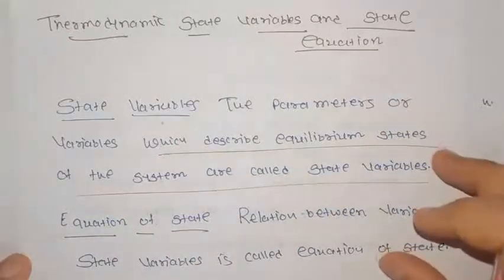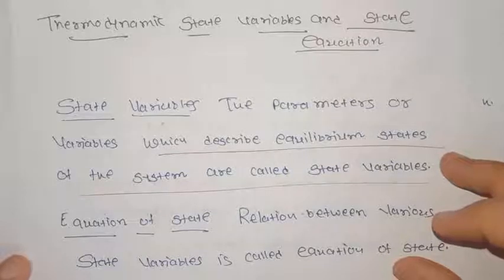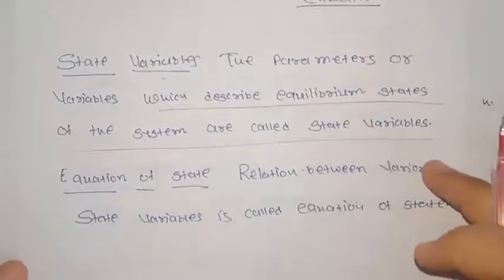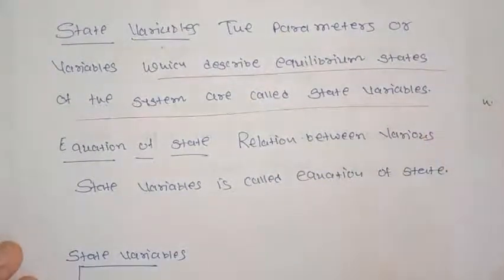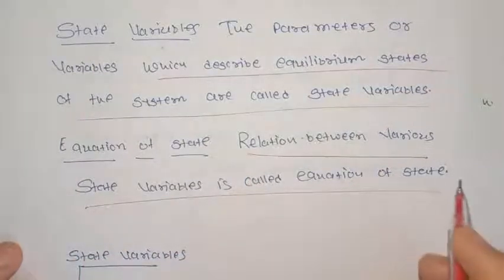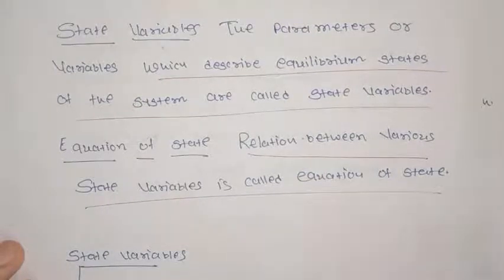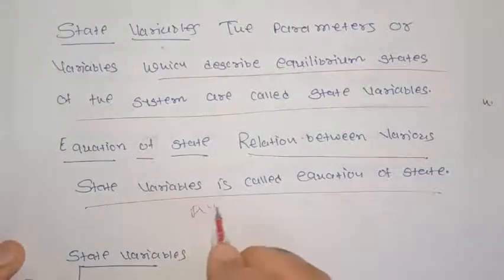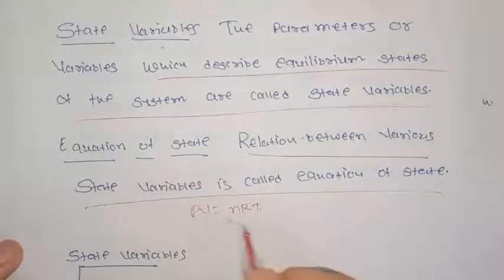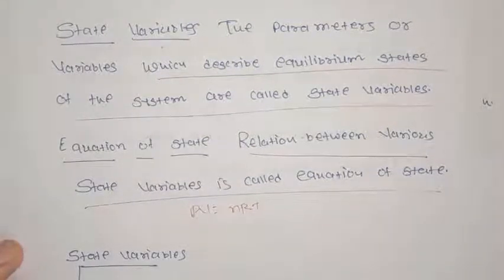The various state variables are not necessarily independent. They can be dependent on each other. So, the relation between the state variables is called the equation of state. For example, the ideal gas equation PV is equal to nRT. It relates three state variables, that is pressure, volume and temperature for any ideal gas.